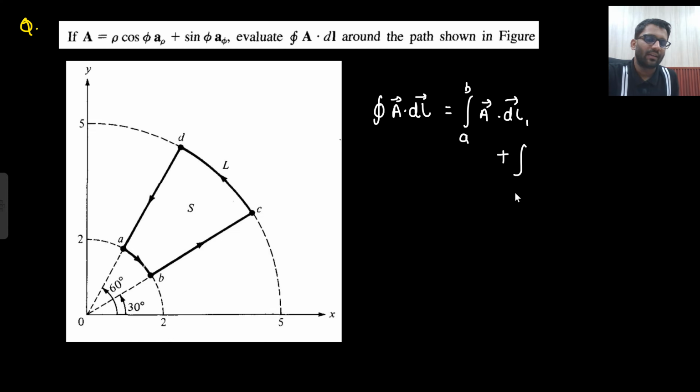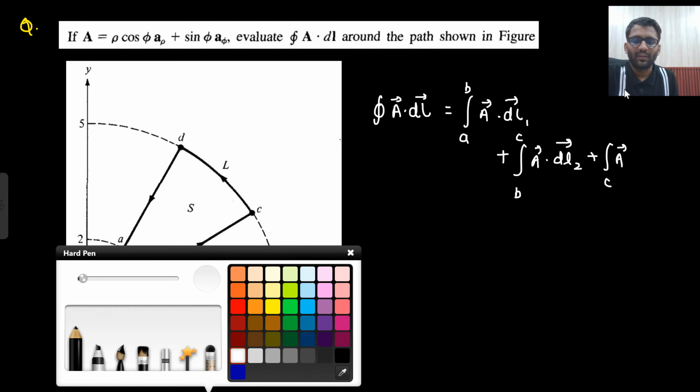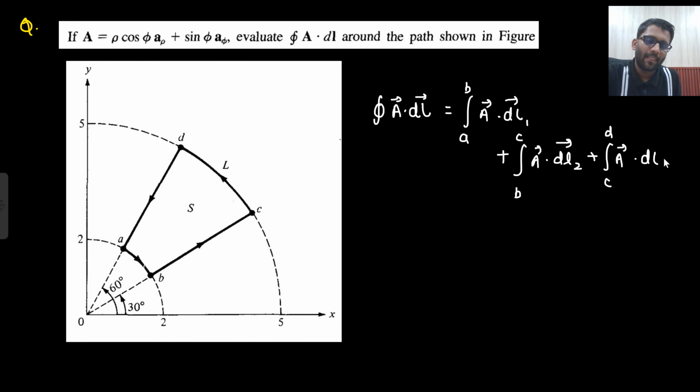So dl1 I am writing. Then from B to C, then from C to D, and then from D to A.